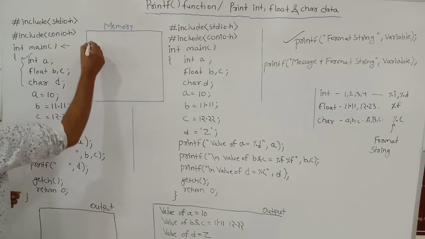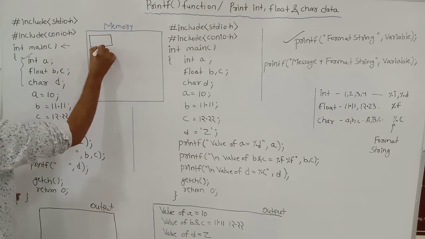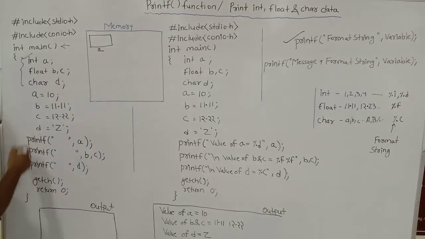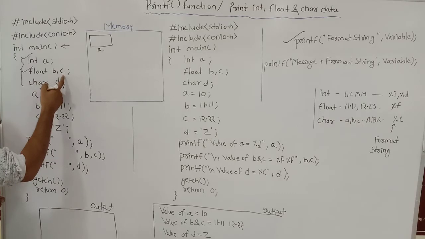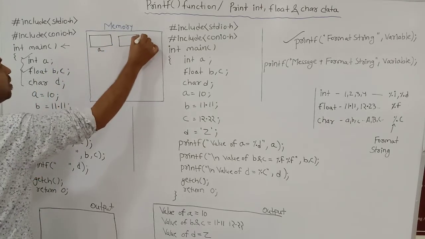Suppose this is our memory, then one memory block will be occupied for variable A. Then when the second line executes, two variables will be created, so two memory blocks will be occupied in our memory.